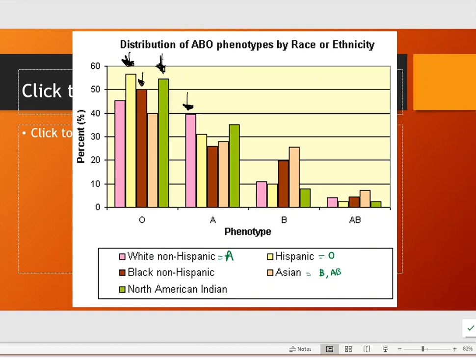And if you identify as Asian, you are probably AB or B, one or the other. Those are the peach bar colors that are showing up on your screen. And here we have a significantly higher portion of the graph in Asian. So that's B. And then here, they beat everyone else out too, and that's AB.